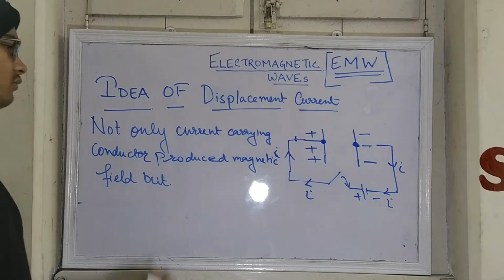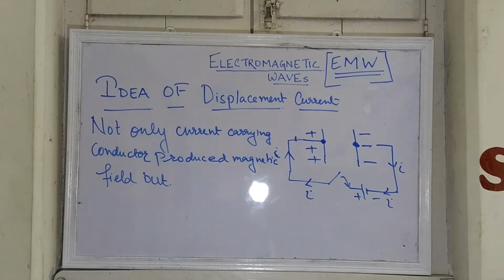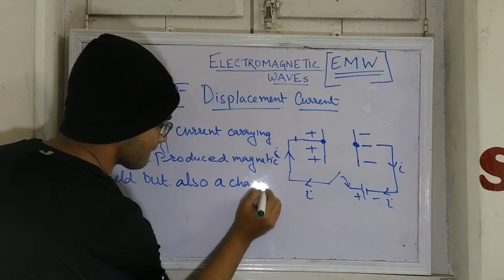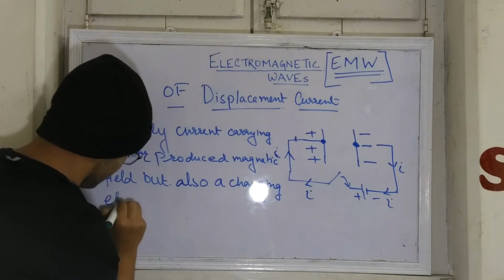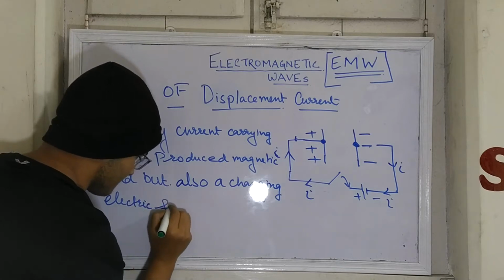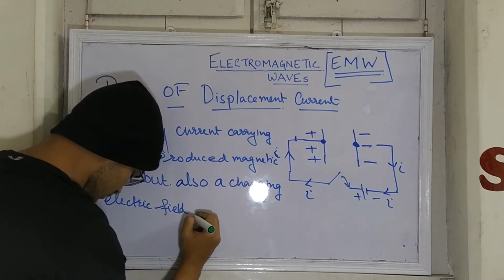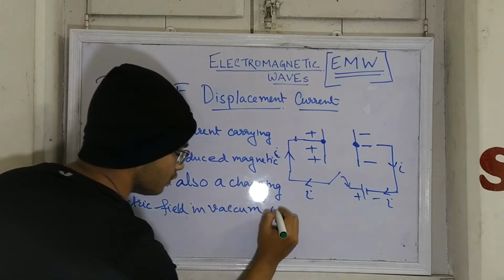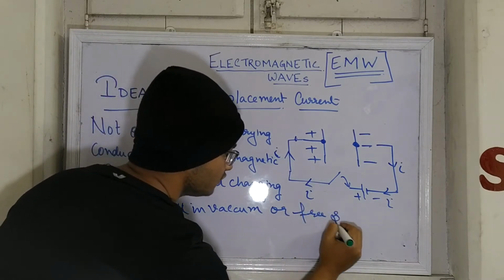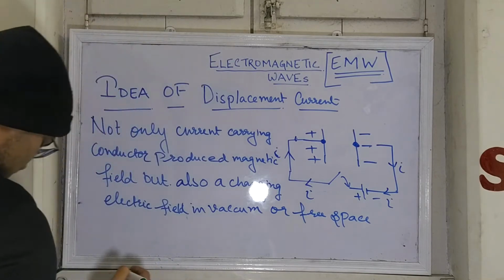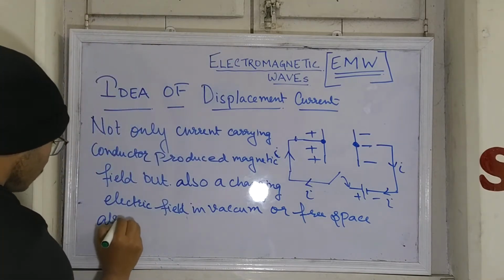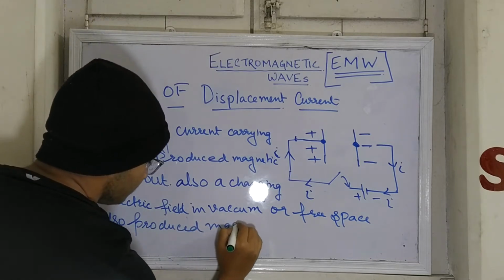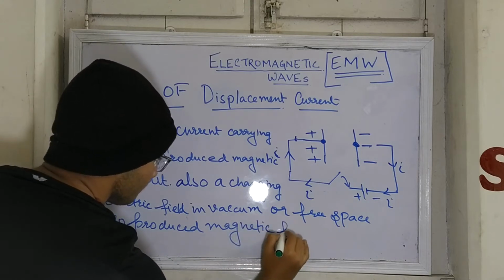So Maxwell said that not only a current carrying conductor produces a magnetic field, but also a changing electric field in vacuum or free space also produces a magnetic field.